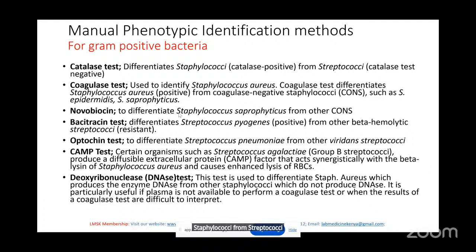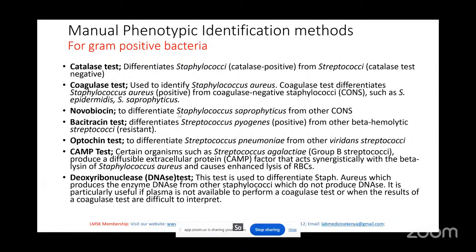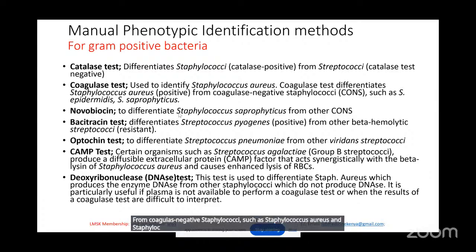You have coagulase tests that are used to identify Staphylococcus aureus. So it differentiates Staphylococcus aureus, which is coagulase positive, from coagulase negative staphylococci, such as Staphylococcus epidermidis and Staphylococcus saprophyticus.